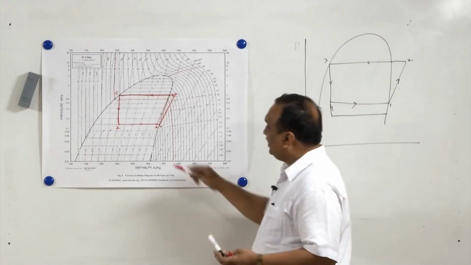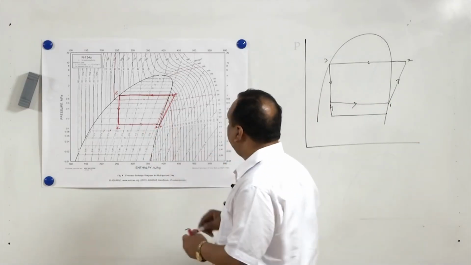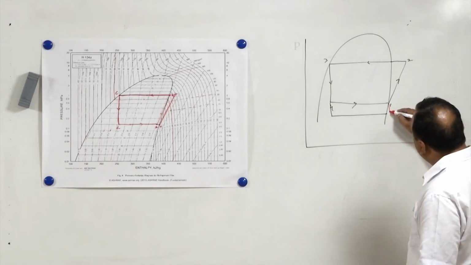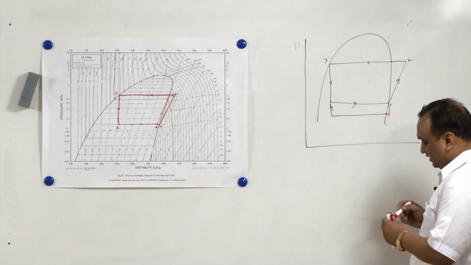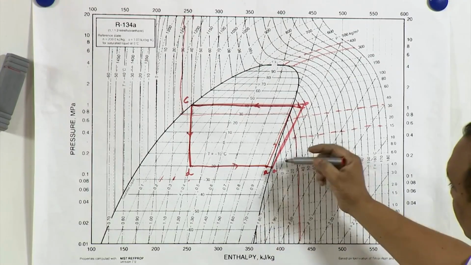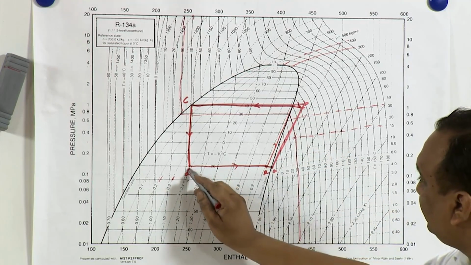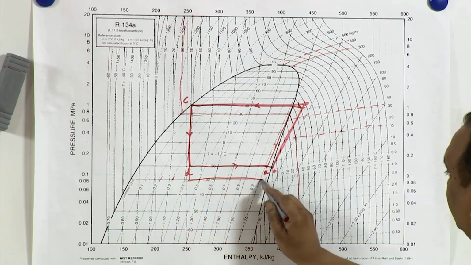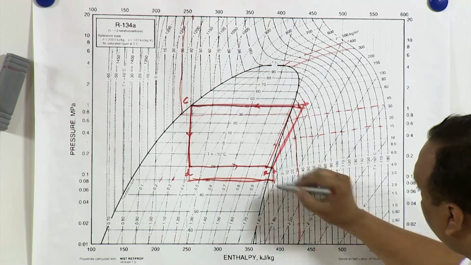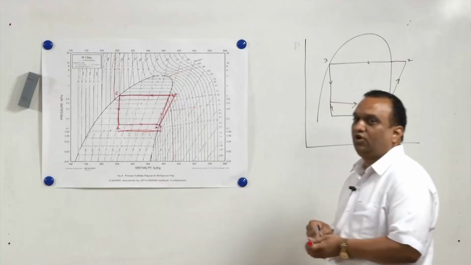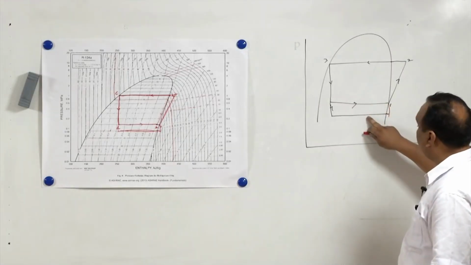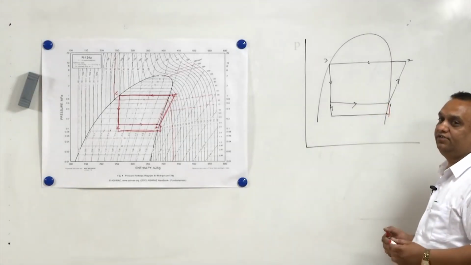In that case we are losing this much of refrigerating effect. The length of this line will reduce. So, if I extend it up to 30 degree centigrade, then we will be losing this much of refrigerating effect. So, when we reduce the evaporator pressure, the refrigerating effect is reduced.